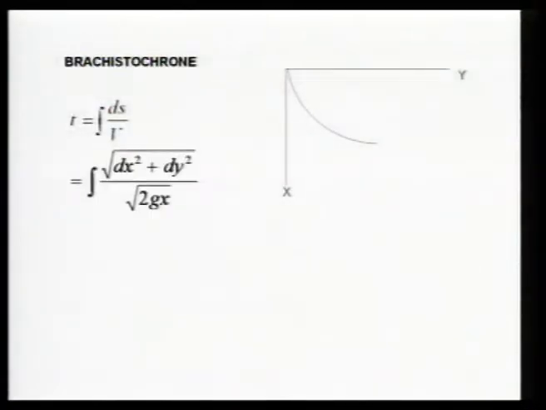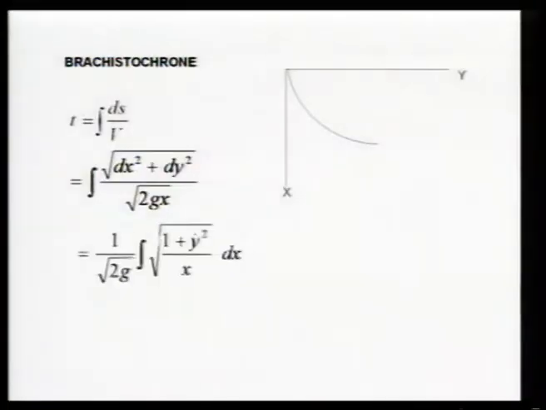So in this case, v would now depend on x instead of y. And therefore, our integral will be under root dx square plus dy square over under root 2gx. Which means we can take under root 2g outside.